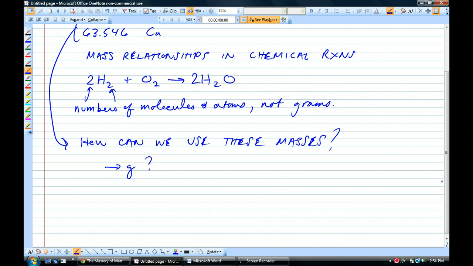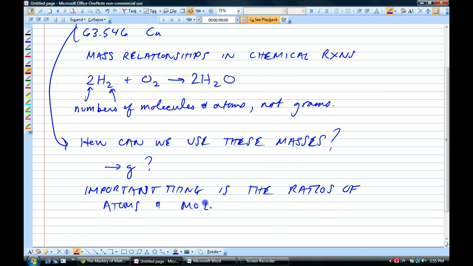Well, we could, but see, the important thing here to remember is the ratios of atoms and molecules. The important thing is actually the ratios of atoms and molecules.